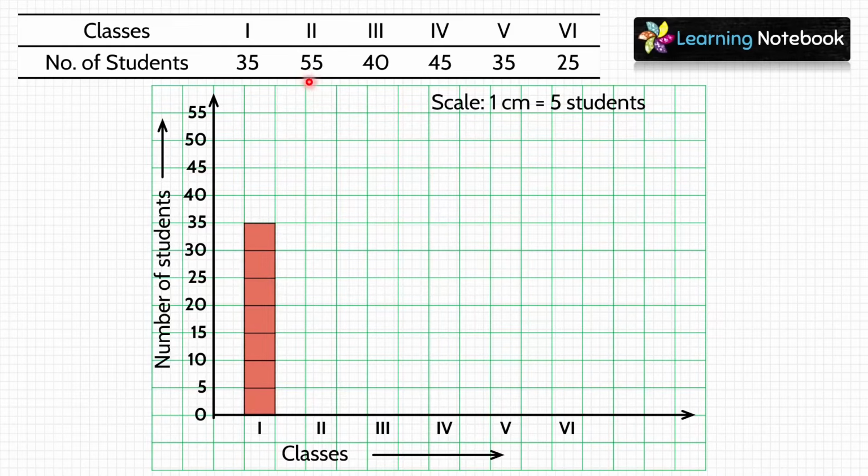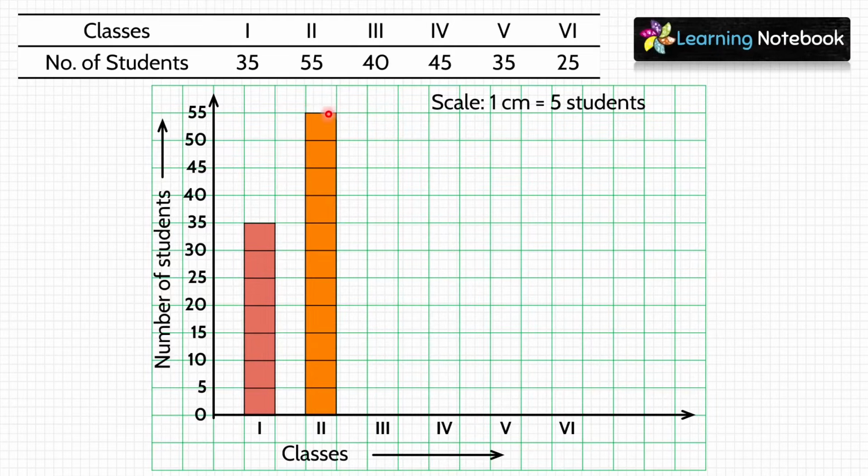Next, let's move to class 2. There are 55 students who like painting. So, we will color how many blocks? Yes, 11 blocks till number 55 on the vertical axis as shown here.